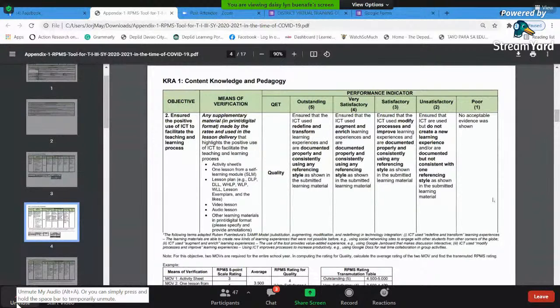Now, what are the means of verification for this? Means of verification for this particular objective are the following. Any supplementary material in print or digital format made by the teacher and used in the lesson delivery that highlights the positive use of ICT to facilitate the teaching and learning process.